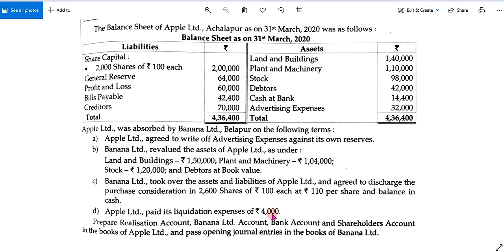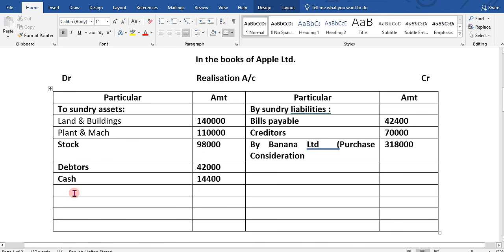So this entry will come in the realization account, debit side. This will be to bank account, debit 4,000. Reason: liquidation expenses.